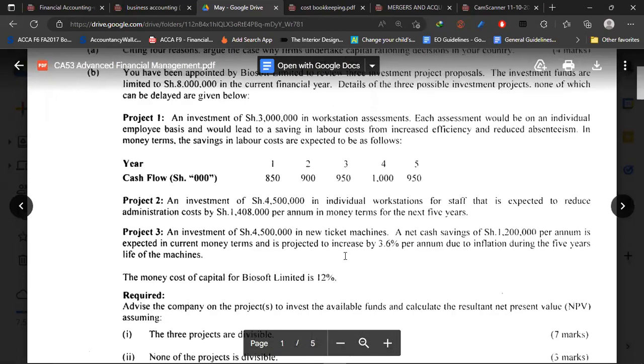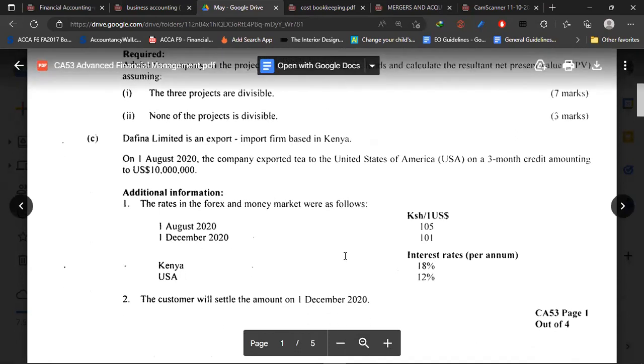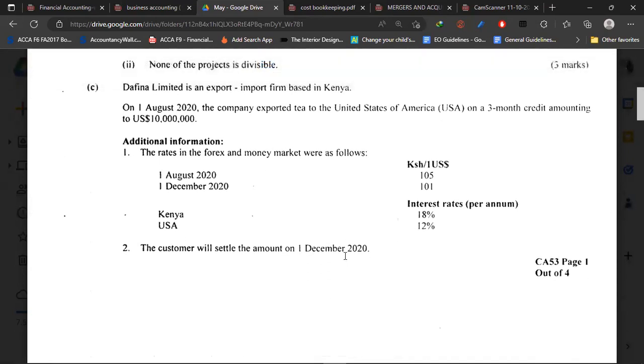So Eric, go on. The question is 1C. Good evening. Dafina Limited is an import firm based in Kenya. On August 2020, the company exported tea to the United States of America, USA, on a 3-month credit amounting to $10 million.